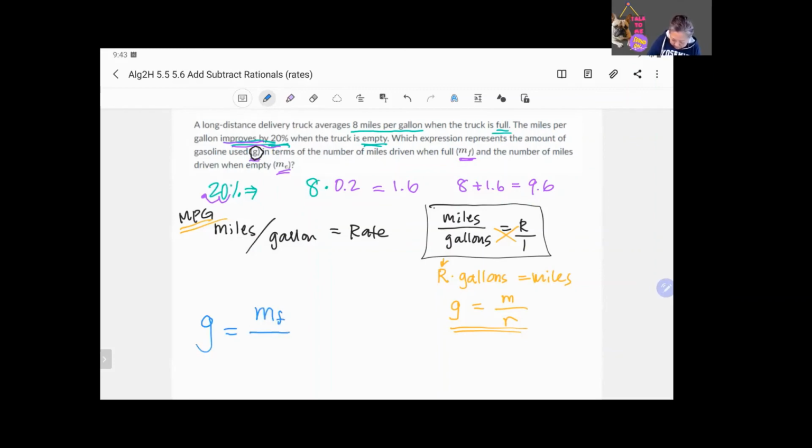What is the rate? How many miles per gallon? The rate was 8.